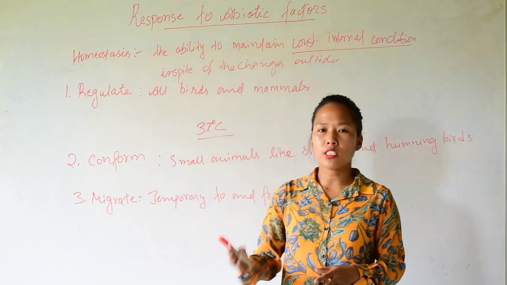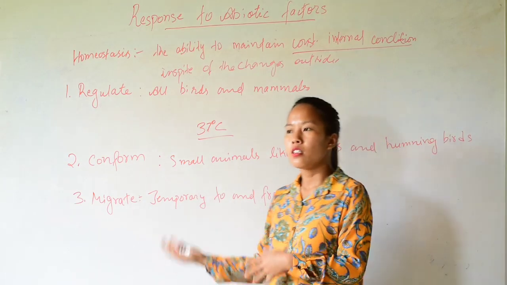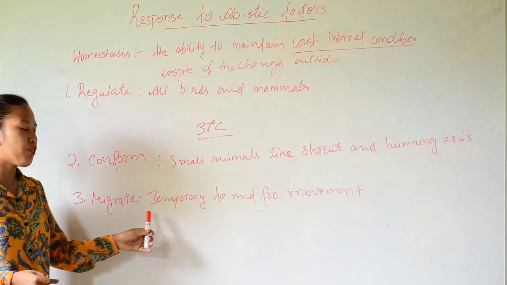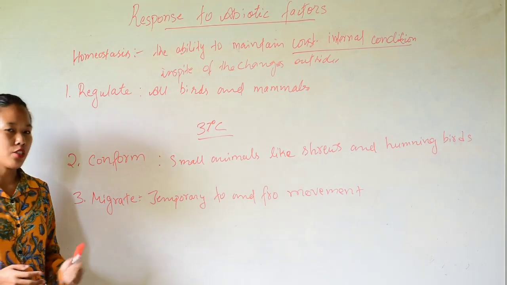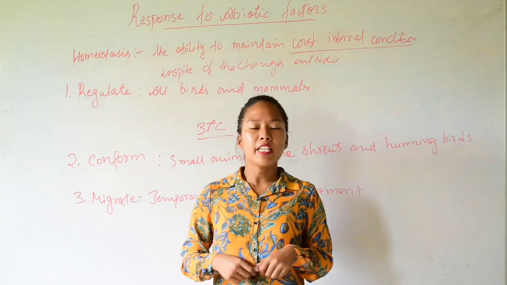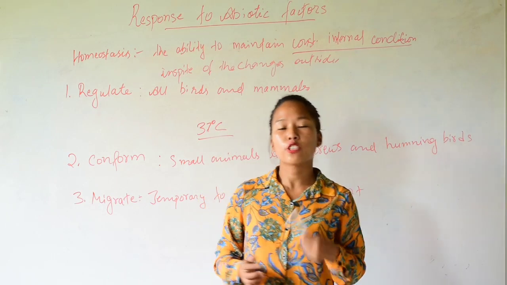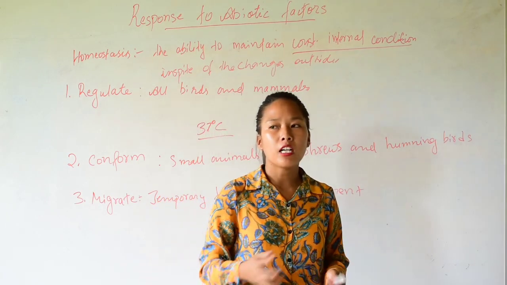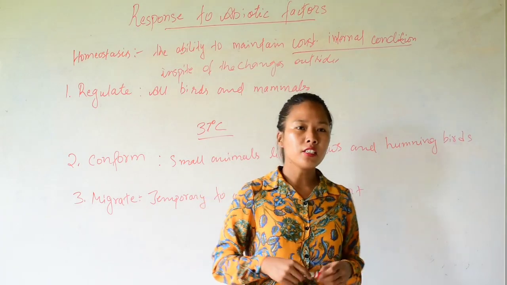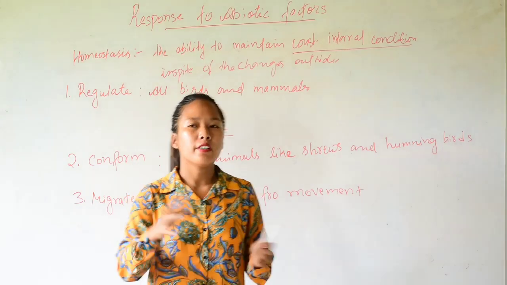They stay there for some time and then return to their original habitat when favorable conditions come. So this is how organisms try to escape the harsh conditions of their original habitat. For example, many migratory birds from Siberia and other extremely cold northern regions come to Keoladeo National Park in Bharatpur in Rajasthan, stay there for some time, and then return to their original habitat when the favorable season comes back.